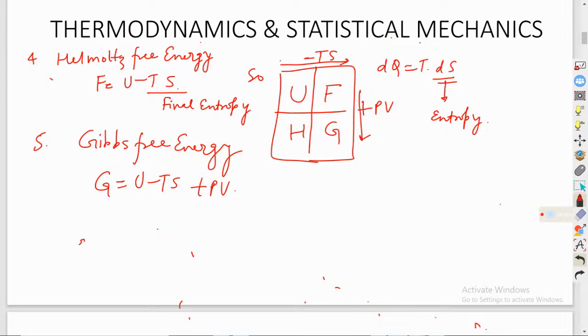The work done by the gas at constant pressure is W equals P delta V, where delta V is a small change and P is a pressure term. So this thermodynamical law finds application on the systems which work here.